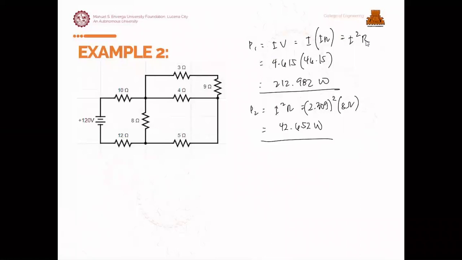P3 natin will be I squared R or 0.5765 squared times 3. So that will be 0.997 watts.